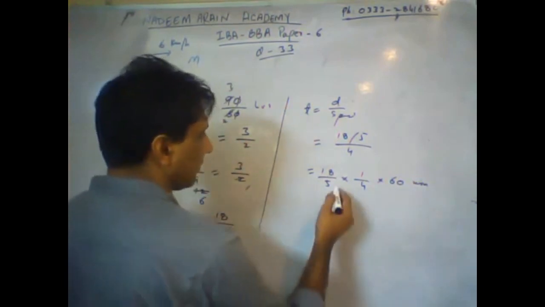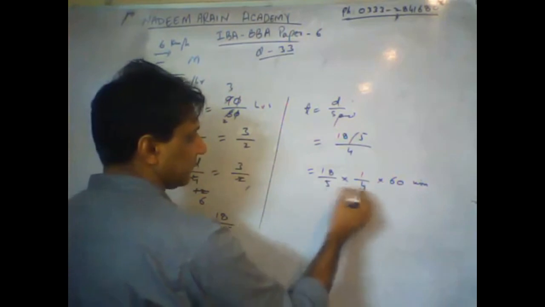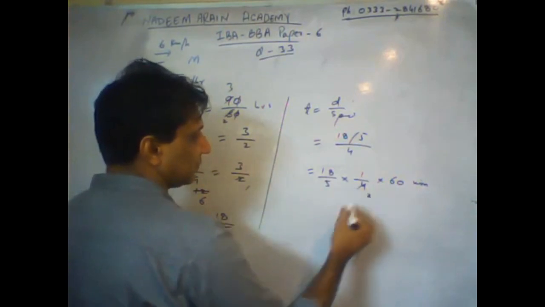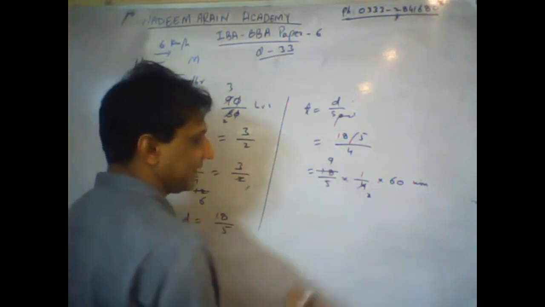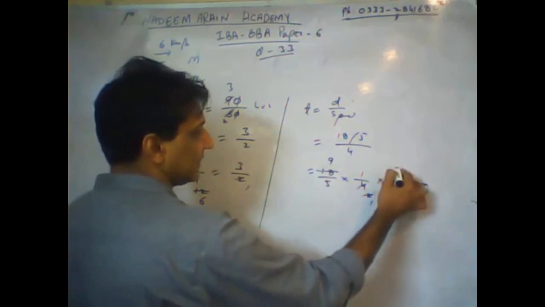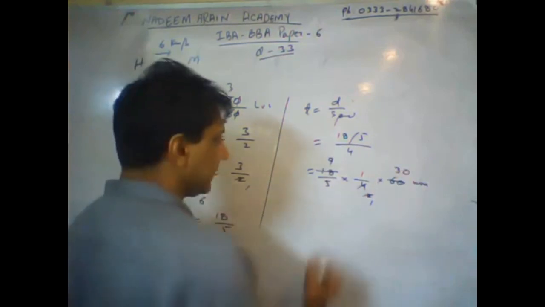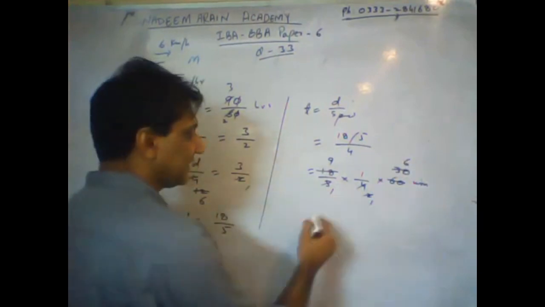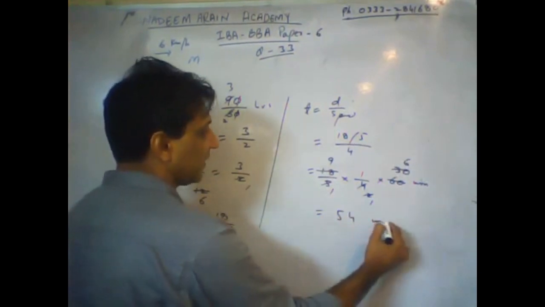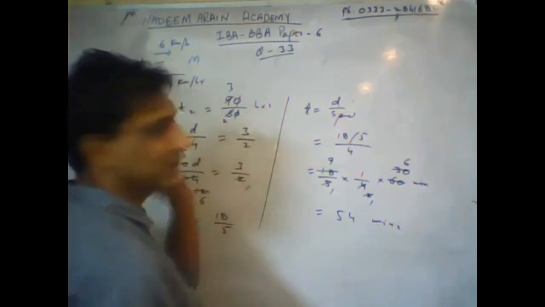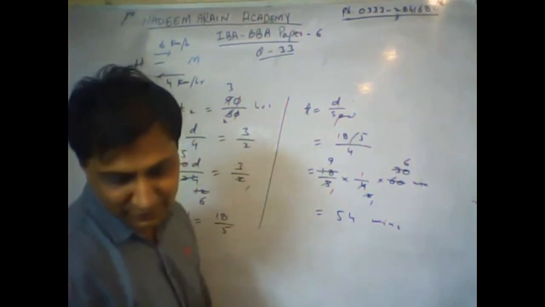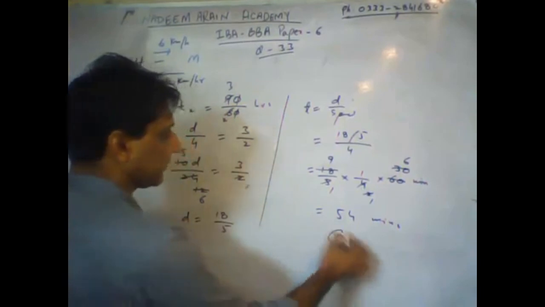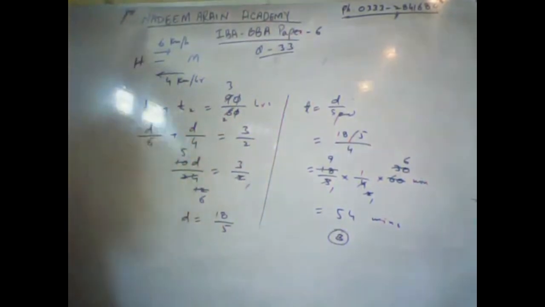So 2 4s are 8, 2 9s are 18 and 2 30s are 60, and 5 times 6 is 30, so 9 6s are 54 minutes he took from market to his house. That is option B. Thank you.